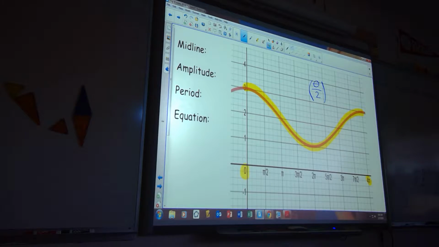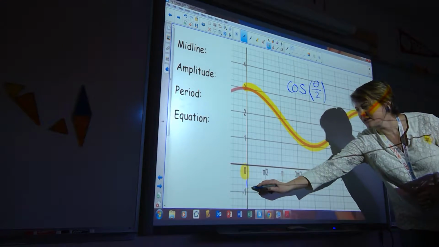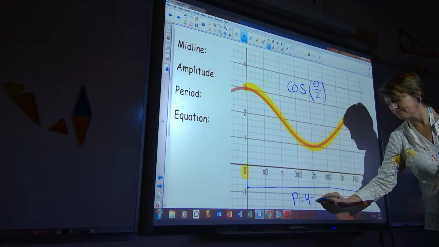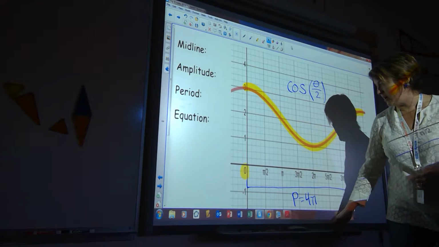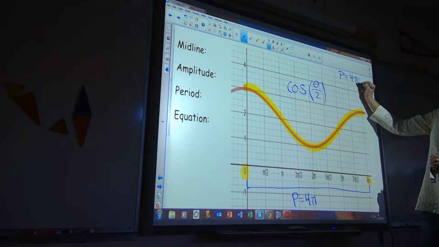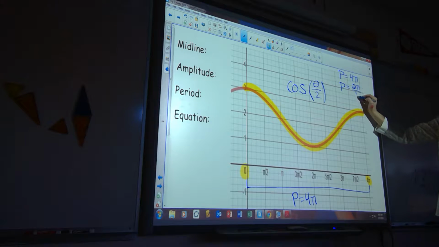Now, if you're like, whoa, wait, how would you know that? Here's how I would know that. I would look at this and go, okay, my period is 4 pi. Now we go to our equation: the period is 2 pi over b.